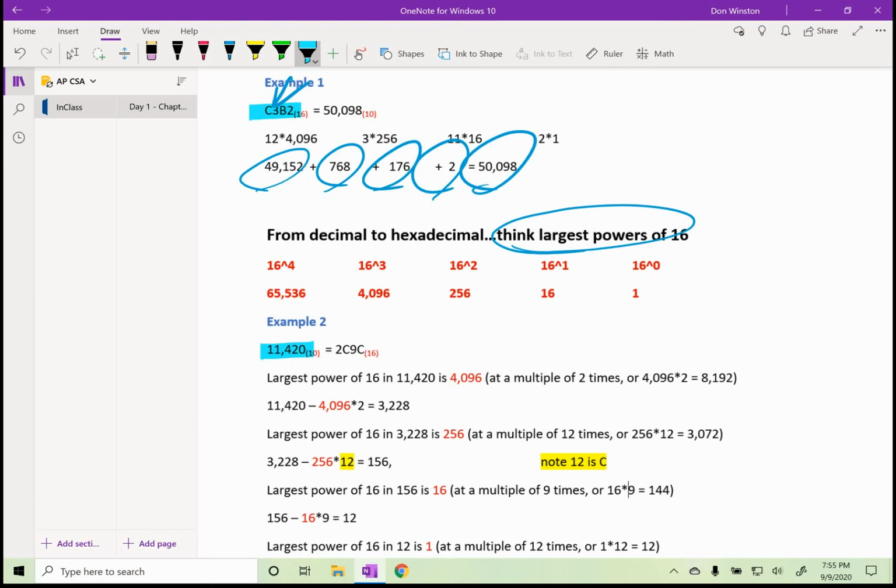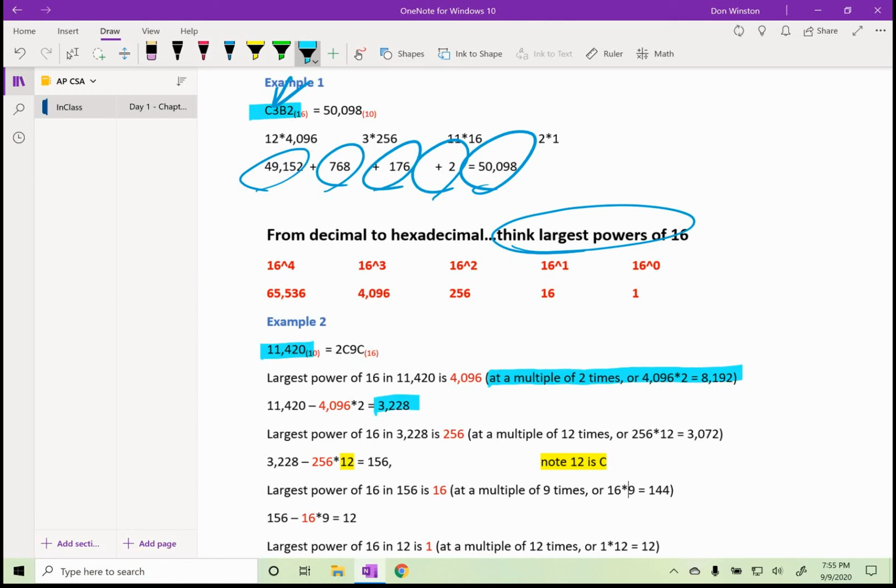Well, the largest power of 16 in 11,420 is 4096, but it occurs at a multiple of 2 times. 4096 times 2 is 8192. So we take 11,420 and we subtract 8192, 4096 times 2, we get 3,228.